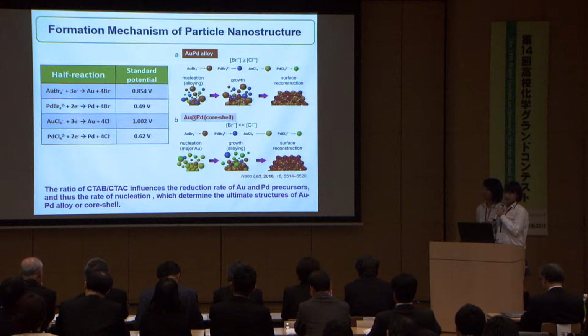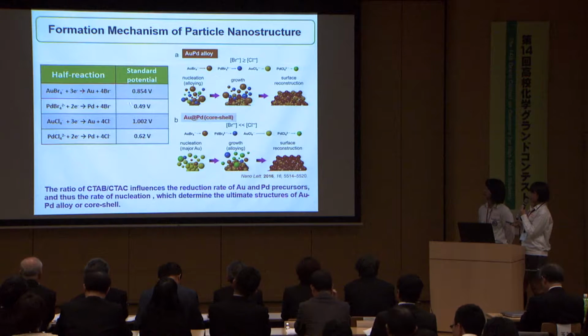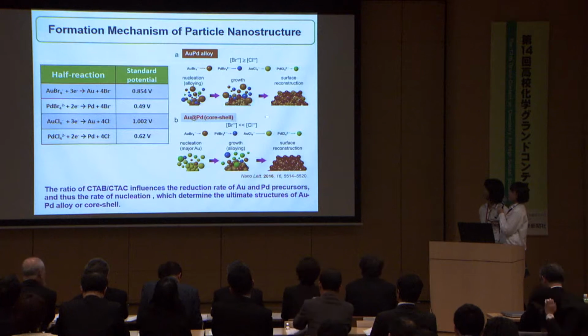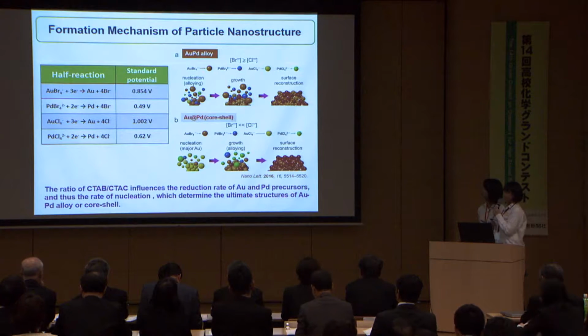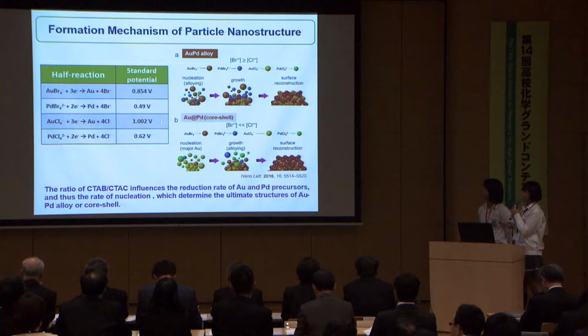Why are the structures of the catalysts different? This is their formation mechanism. Because at the ratio of high content of bromide, their reduction rates are close and the reduction rate is lower, so we can get the icosahedron structure. However, at the ratio of high content of chloride, the Au reduction rate is much faster than Pd, so we got the Au core and Pd shell.